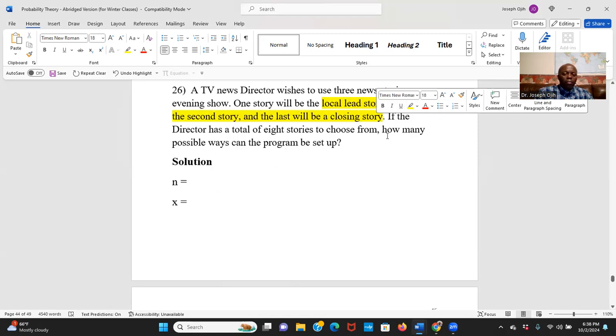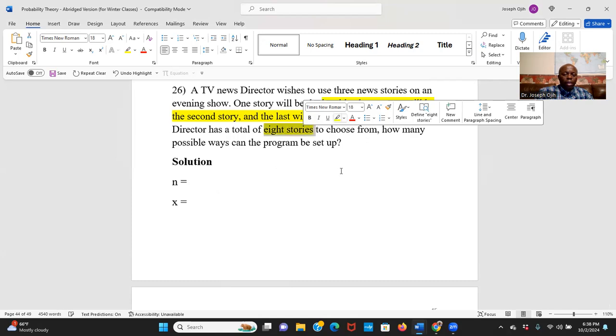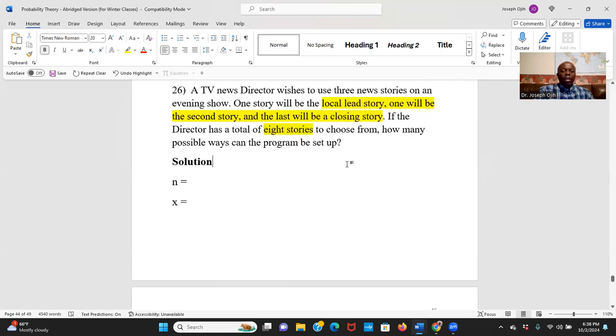He says, if the director had a total of 8 stories to choose from, how many ways can the program be set up? So here we have 8 stories to choose from, so our n is 8. Our x is 3 stories: one is going to be the lead story, the other the second story, and the last one the closing story.